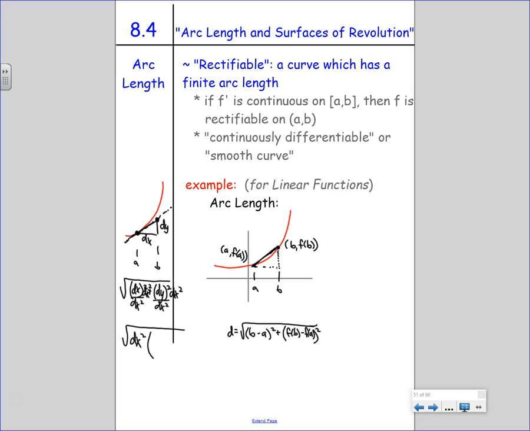Factor out, because they both got dx squareds on top. What's dx squared over dx squared? 1. What's dy squared over dx squared? It's just (dy/dx) squared. What can we do with the square root of dx squared? Take it out.